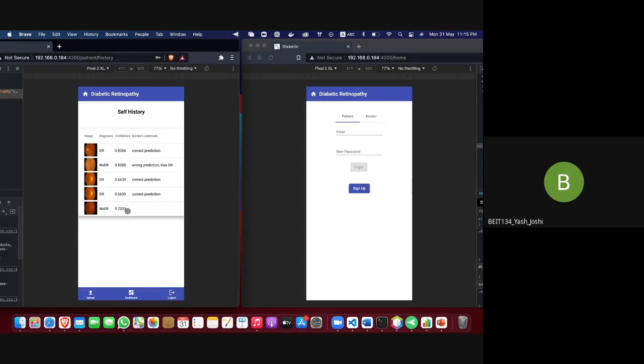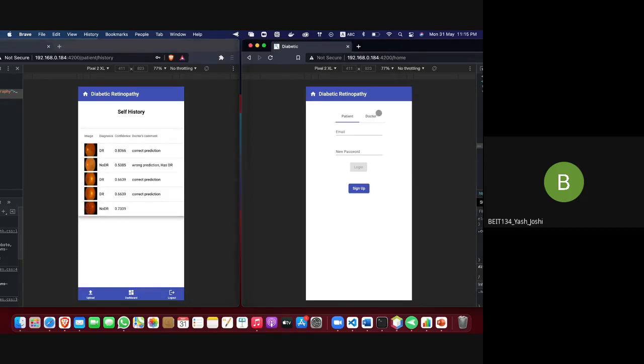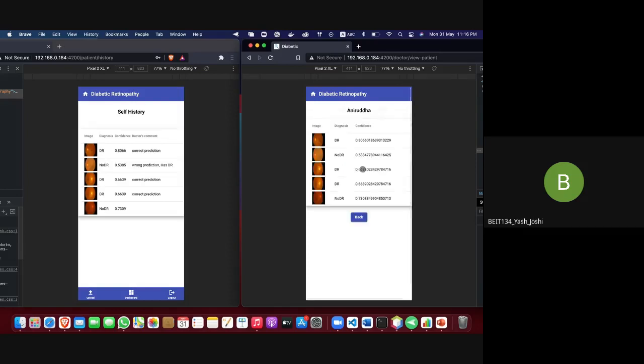On the other hand, a doctor can access this patient data. The doctor has the option to view patients, and then he can click on the patient names. I had logged in with Anirudh's login credentials. Here we can see the last image that is shown.